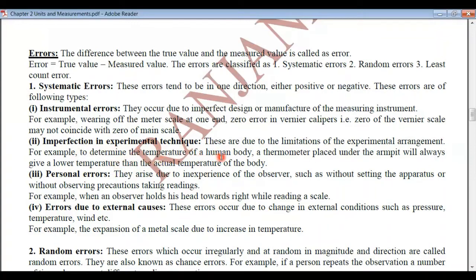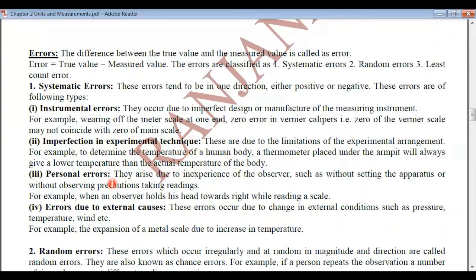To determine the temperature of a human body, we know that the clinical thermometer is kept under the tongue, but the technique is not proper and the person keeps the thermometer under the armpit. So it will always give a lower temperature than the actual temperature of the body. So when the technique is not perfect, some error may arise.